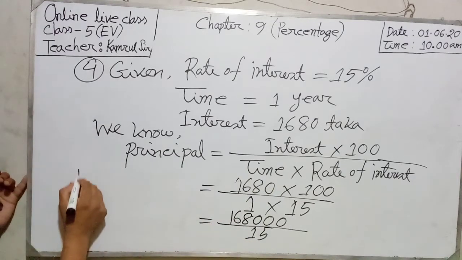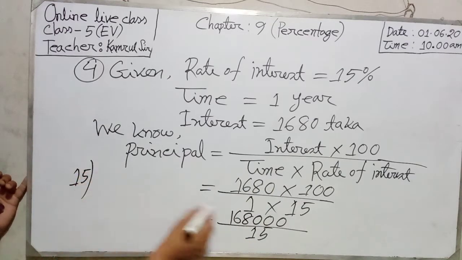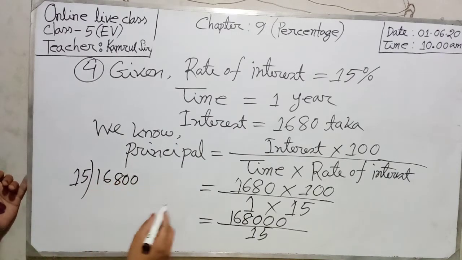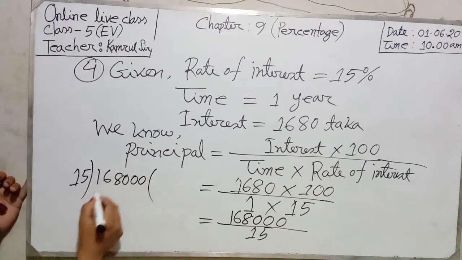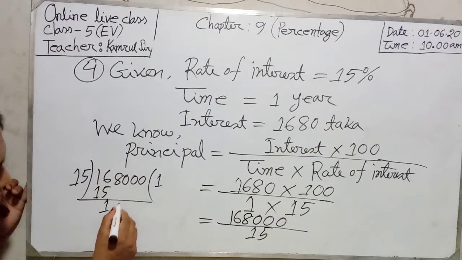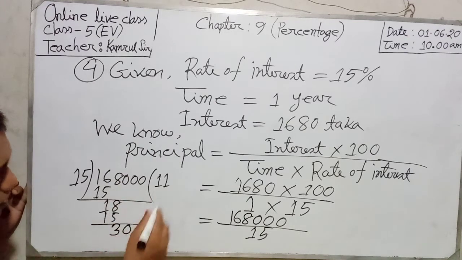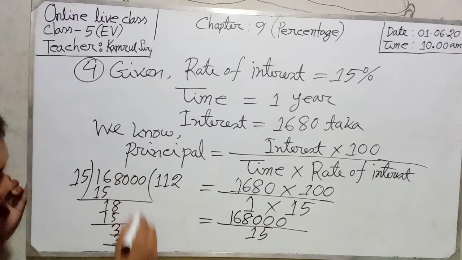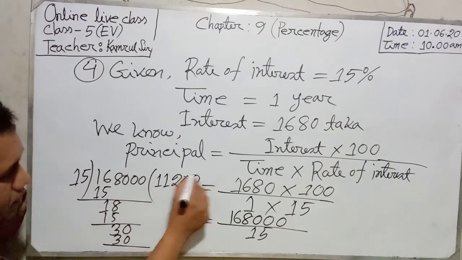Now dividing: 16, 1 times 15, again 1 times 15, this 30, 2. Now the remaining is 20.